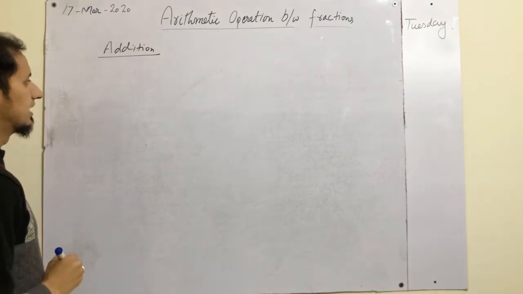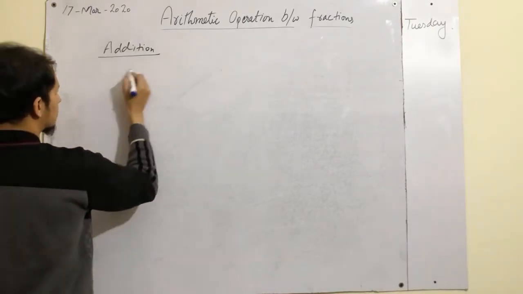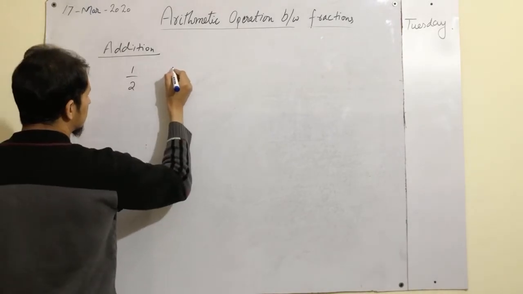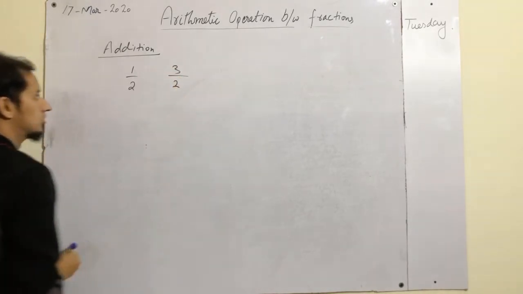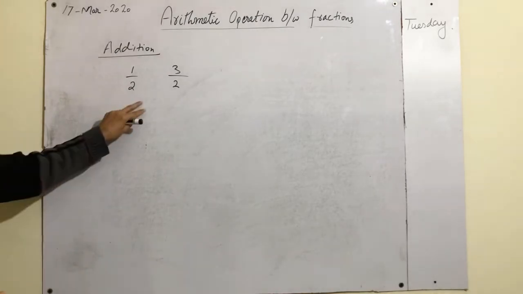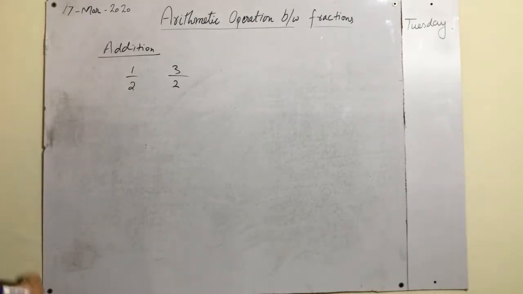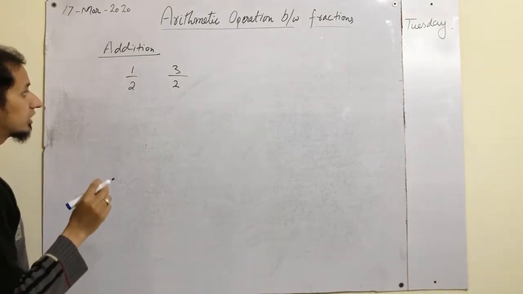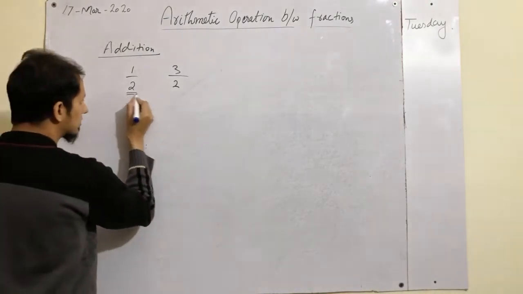Let's suppose I have two fractions, 1 by 2 and 3 by 2, and we want to add these two fractions. So how can we add? It's a very simple rule. First we have to see their denominators.